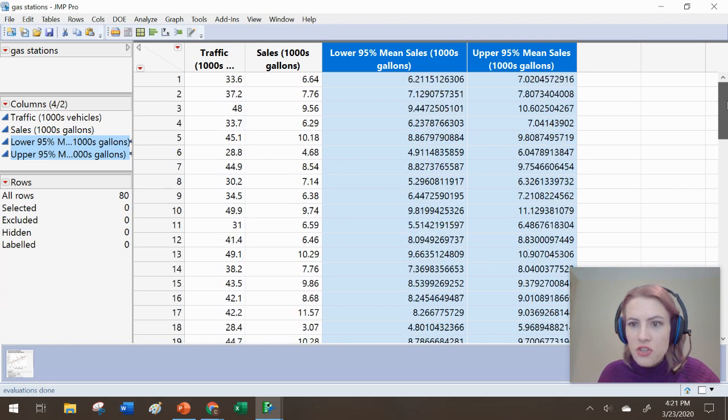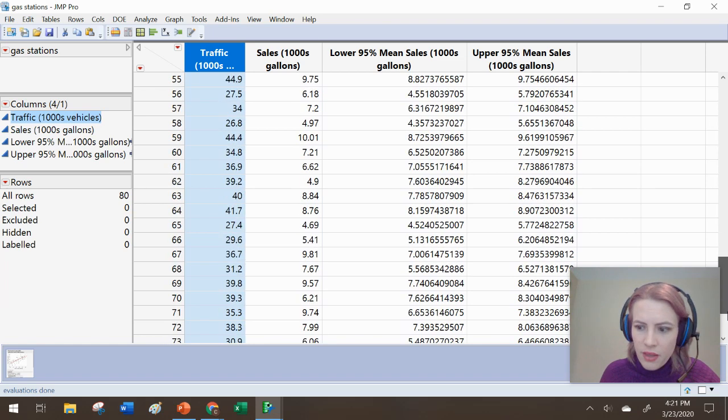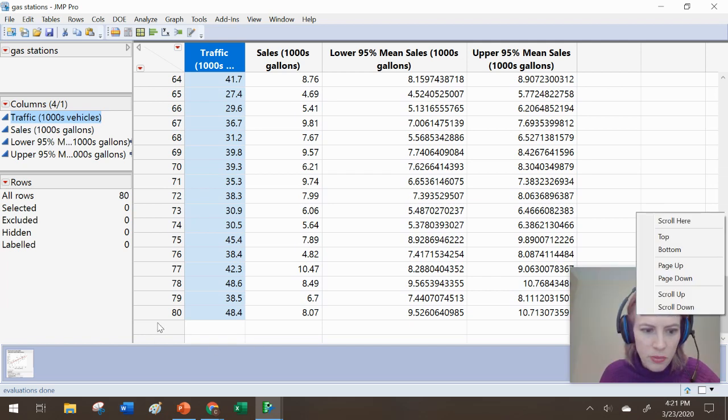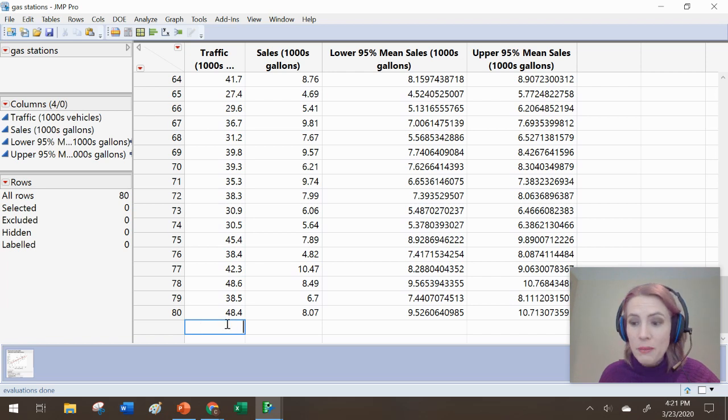These are being computed at each of the values of x, which is here traffic, that are present. But a nifty tool is you can go down to the next open row. After row 80, we have an open row, and we can put in a particular value of x. Say we want to know, among all places where there's 26,000 vehicles a day, what would be the mean gas sales? So I'm going to put 26 in the next empty row for traffic.